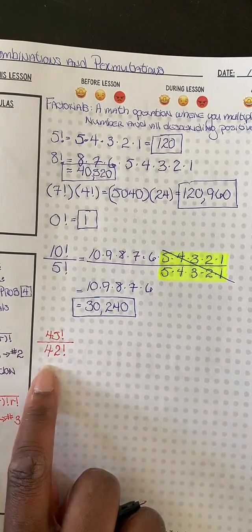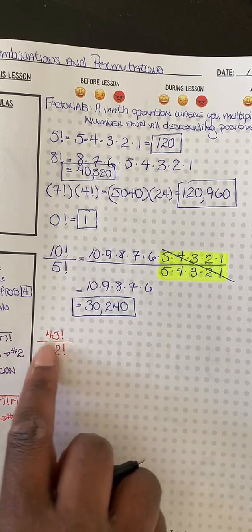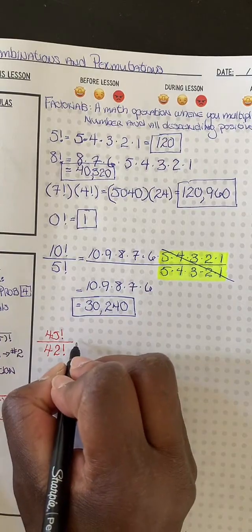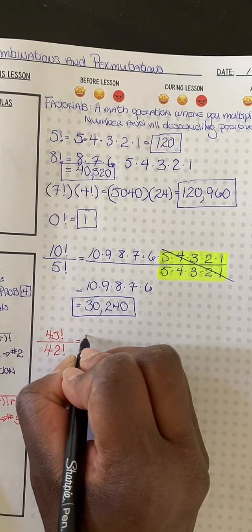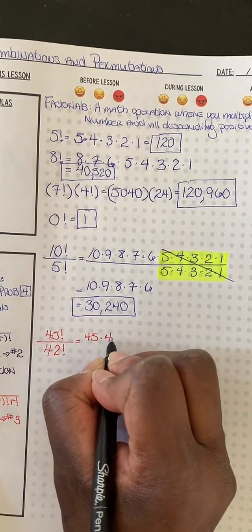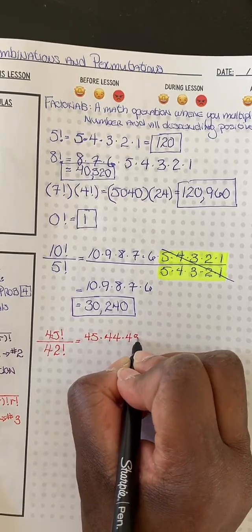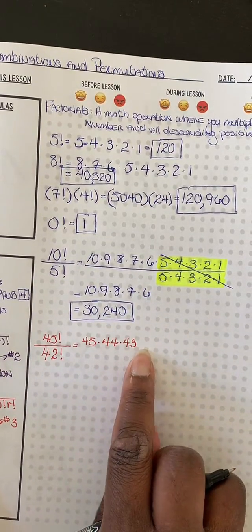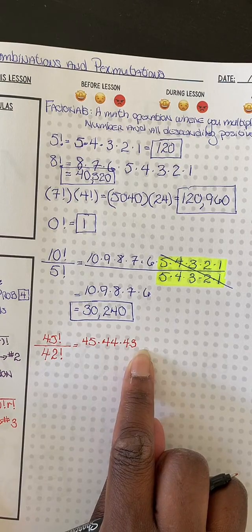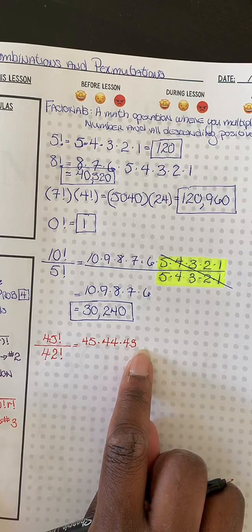Let's think of it. 42 factorial is within 45 factorial. So all I really need to do is start with my 45 times my 44, because we're descending, times my 43. But do I have to include the 42?